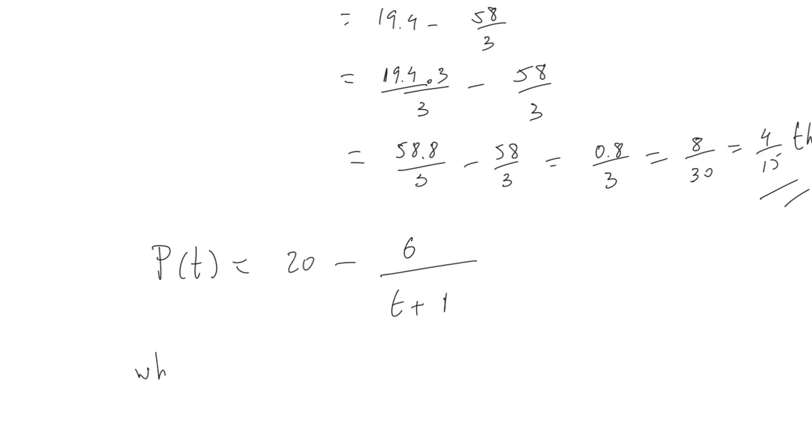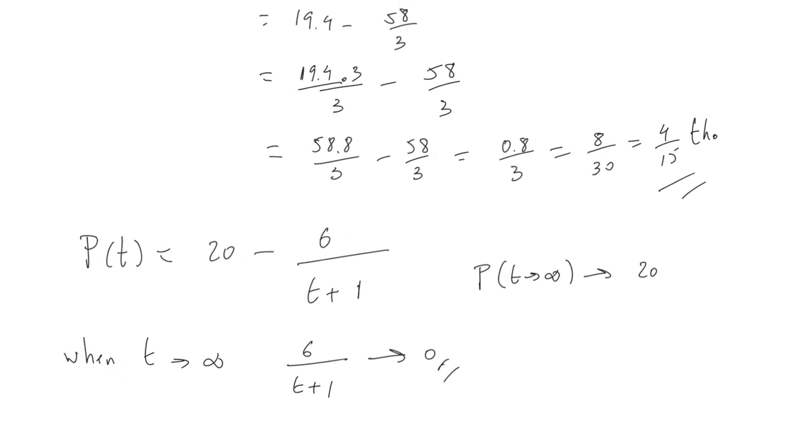When t goes to infinity, 6 divided by t plus 1 approaches 0, because you are dividing 6 by a big number. If you divide 6 dollars between millions of people, there is almost nothing for each one, so this is 0. So what is the population P when the time t approaches infinity? When the time t approaches infinity, the population approaches 20,000 people.